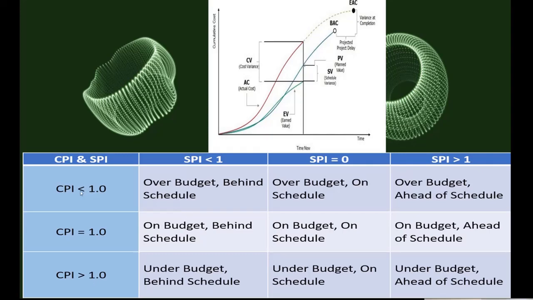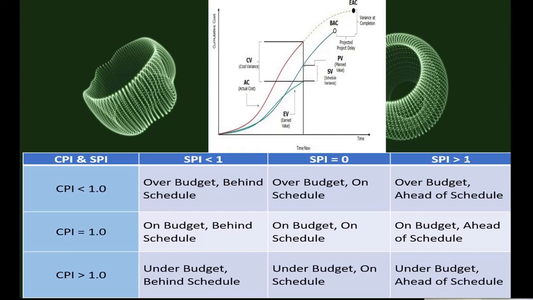So in here, for example, CPI less than 1 and SPI less than 1. They are saying that it is over budget. That means you are spending more and behind schedule. It's not a good situation. And then in here, SPI equals 1 and CPI less than 1. That means you are on schedule, but over budget.